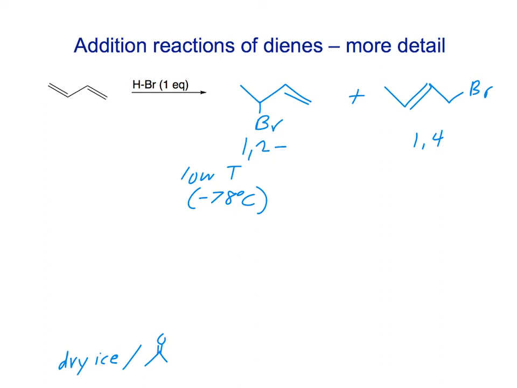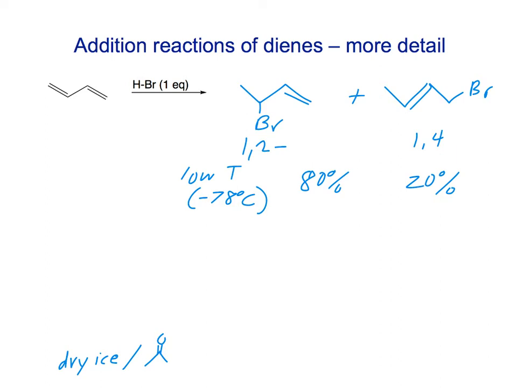All right, if we're at low temperature, then we get an 80% to 20% ratio of the 1,2 addition to the 1,4 addition.